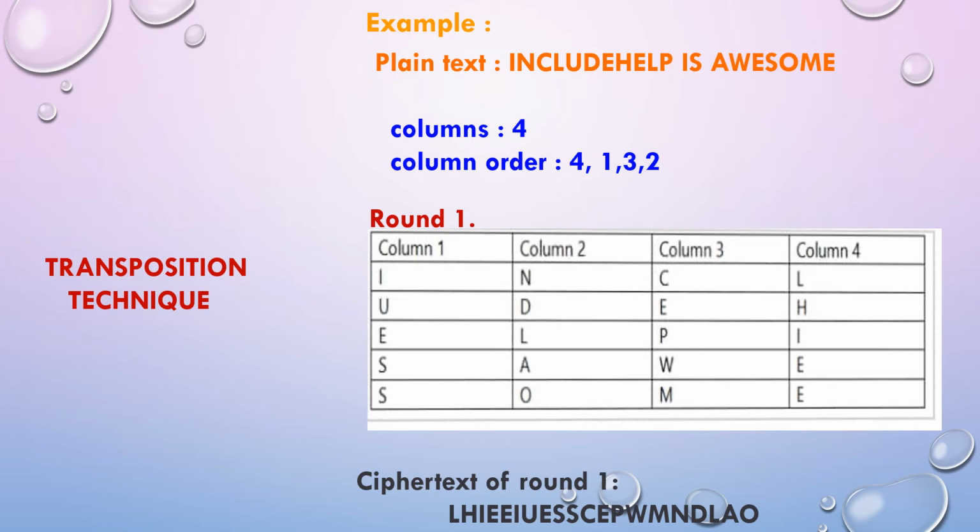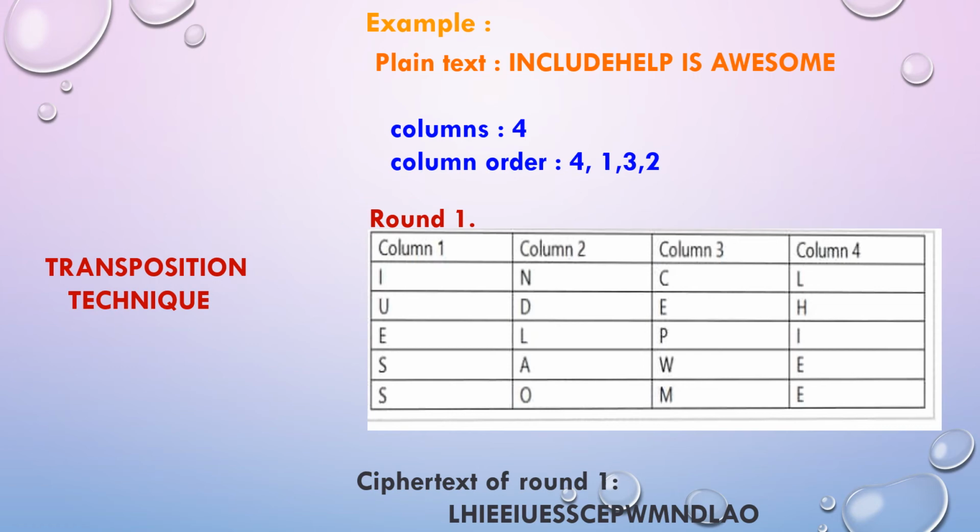So we have to read the letters of the fourth column, that is L, H, I, E, E. Then we read the letters in column number 1, I, U, E, S, S. Then we read the letters in the third column, that is C, E, P, W, M. Then we read the letters in the second column, that is N, D, L, A, O. At last we get the ciphertext.